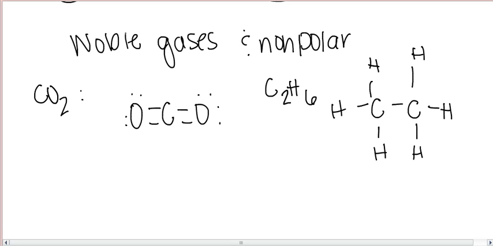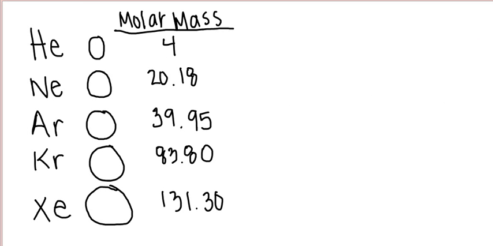So a little way to remember this would be with the molar masses. Molecular size relates to polarizability, and polarizability is the ability to make a temporary dipole. So if we take helium, neon, argon, krypton, and xenon, we know that the molar masses increase.